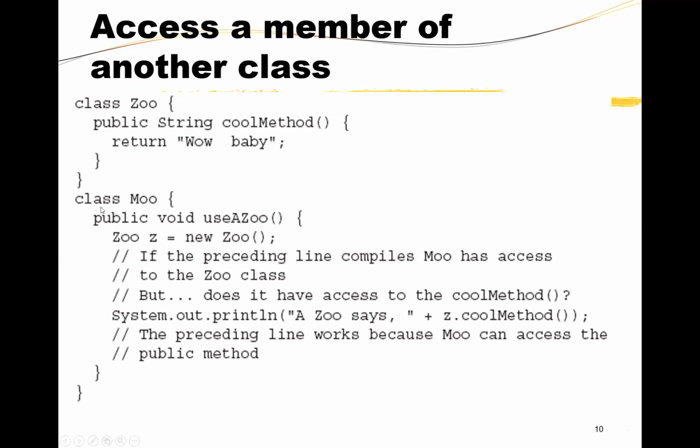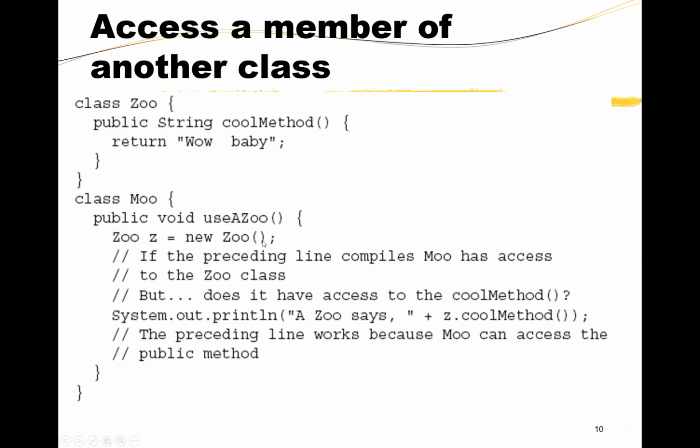In the class Mu, there's a method called use a zoo. In the use a zoo method, you try to create a Su object. Class Su has default access, and in the same package, therefore class Mu has access to class Su.